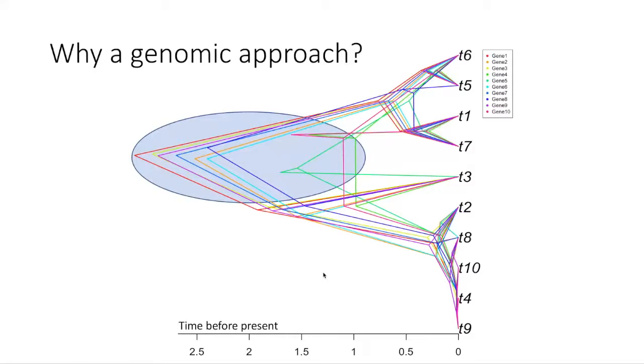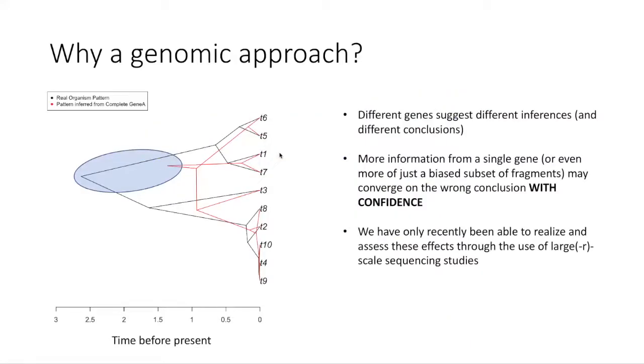You can imagine that if we were to use each of these 10 genes to infer a parameter of interest, for example the time to most recent common ancestor, which we've highlighted in this blue circle, we'd observe quite some variance in our estimates of this parameter simply because of the different gene histories. So different genes can suggest different inferences, and this can lead you to arrive at different conclusions if you're only sampling a subset of the genome.